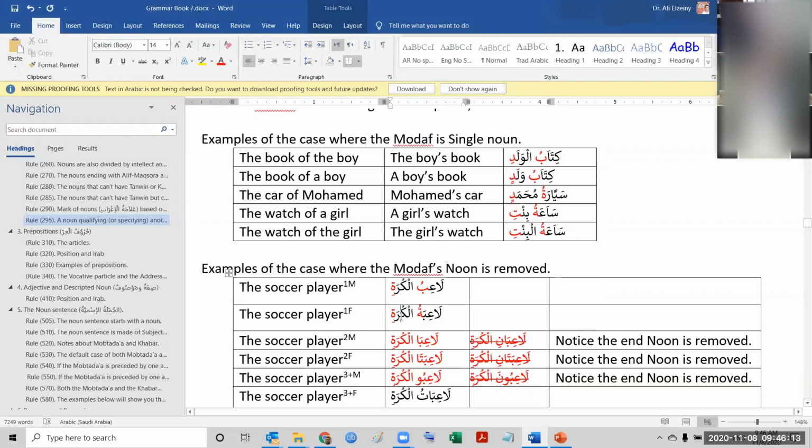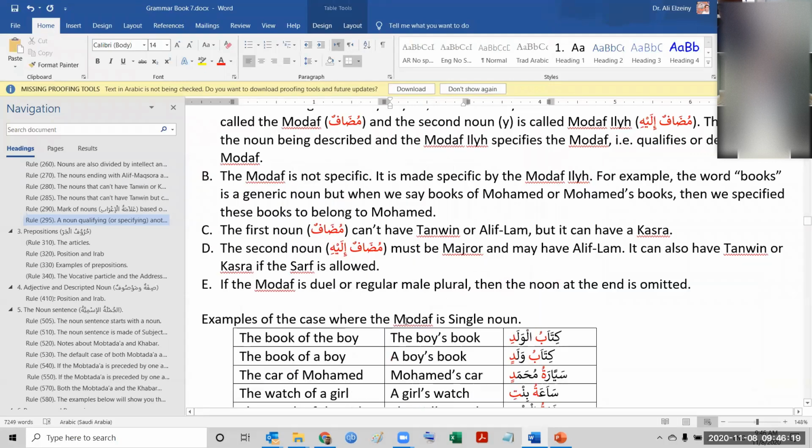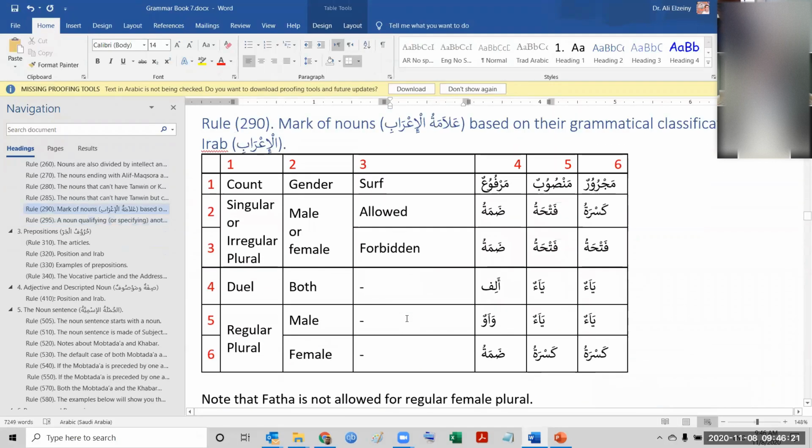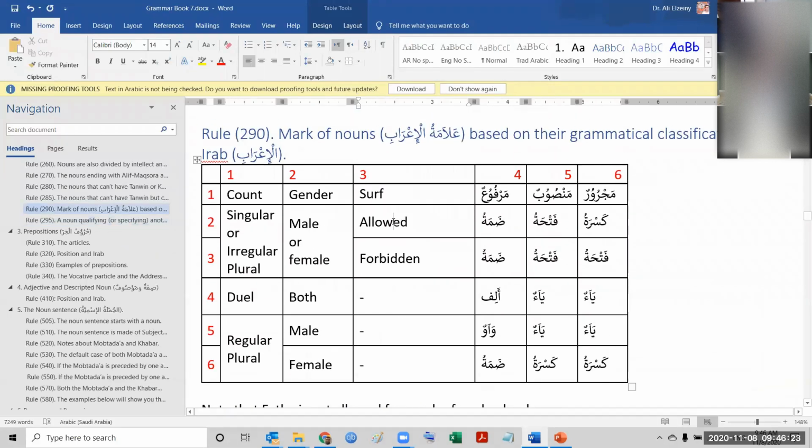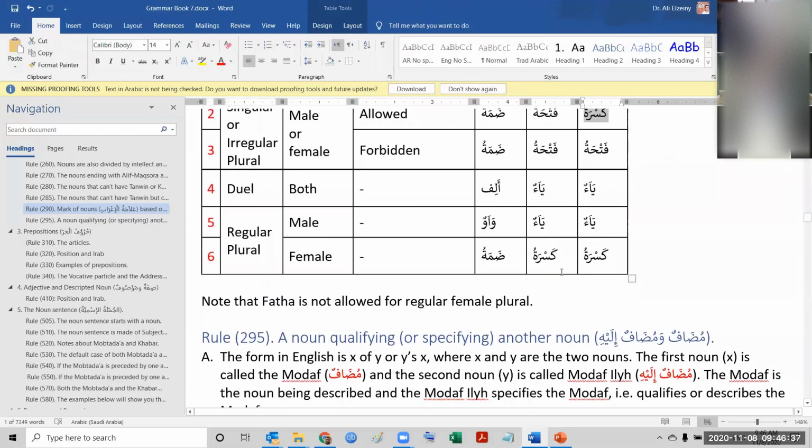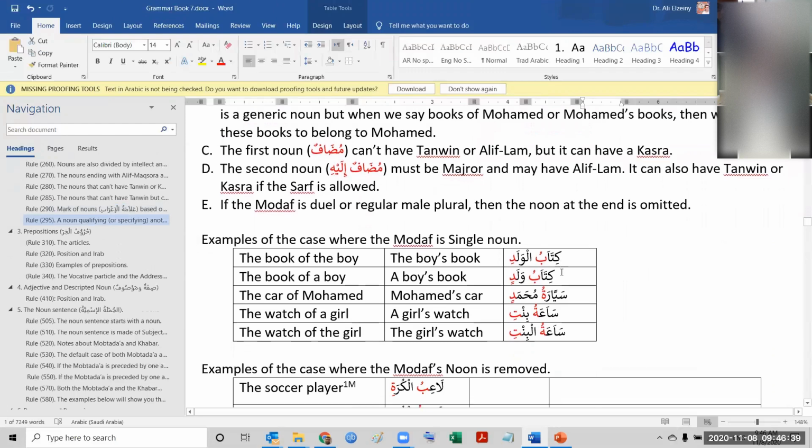Because al-kura is a singular female, because it ends with ta'anith, and sarf is allowed, the mark for the majrur is kasra.